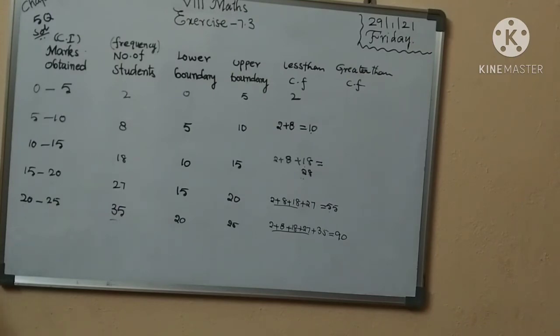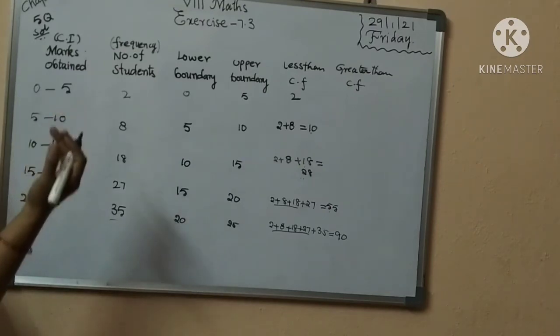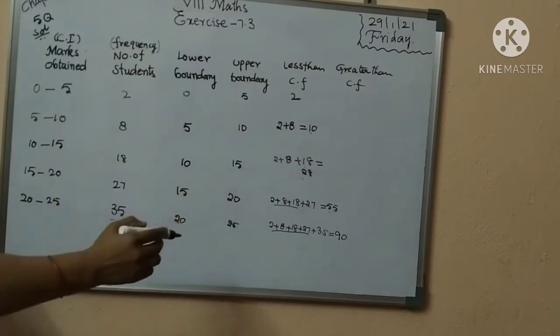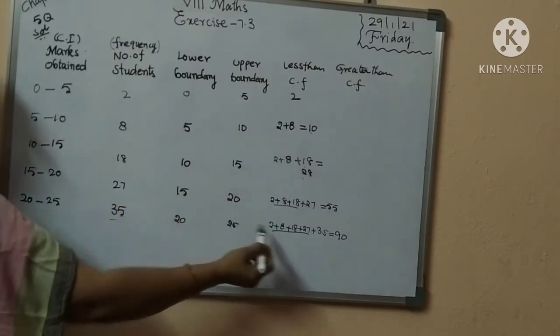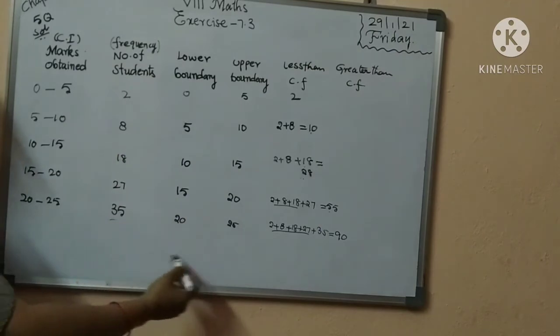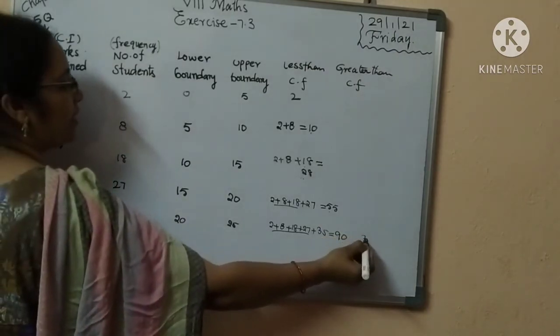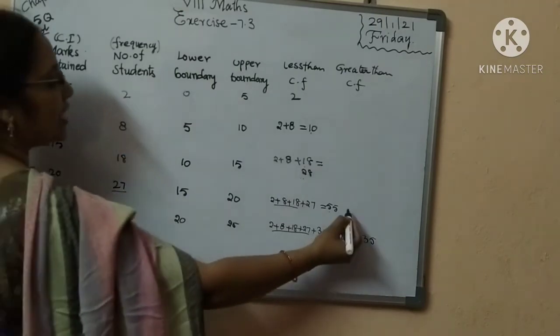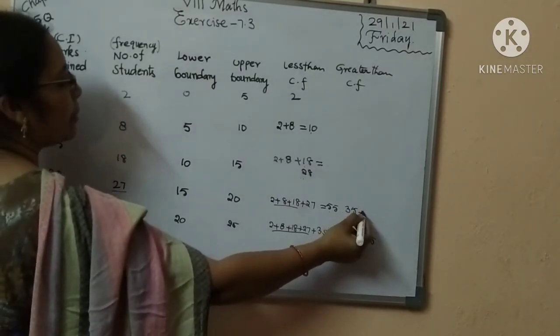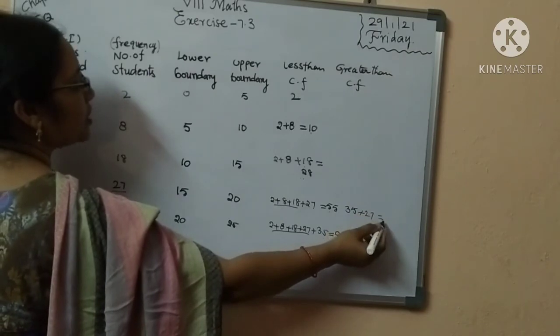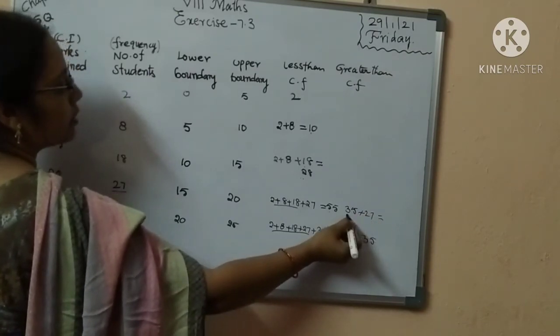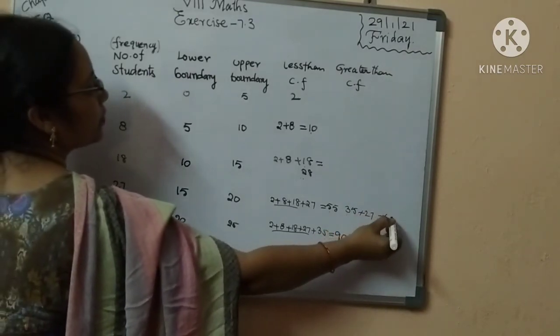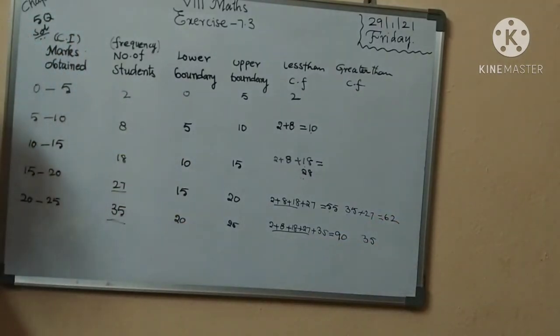Next one is the greater than cumulative frequency. How to take the greater than cumulative frequency? Here children, the greater than cumulative frequency is adding from bottom to top. Here the frequency 35 plus 27, how much is 35 plus 27? 62.